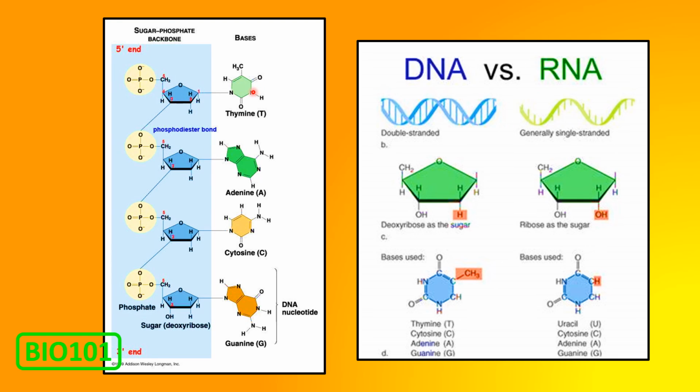And so look at the structures here. Thymine, T, is a single ring. Adenine here, that's A, is a double ring. And that's really important when we think about building DNA.